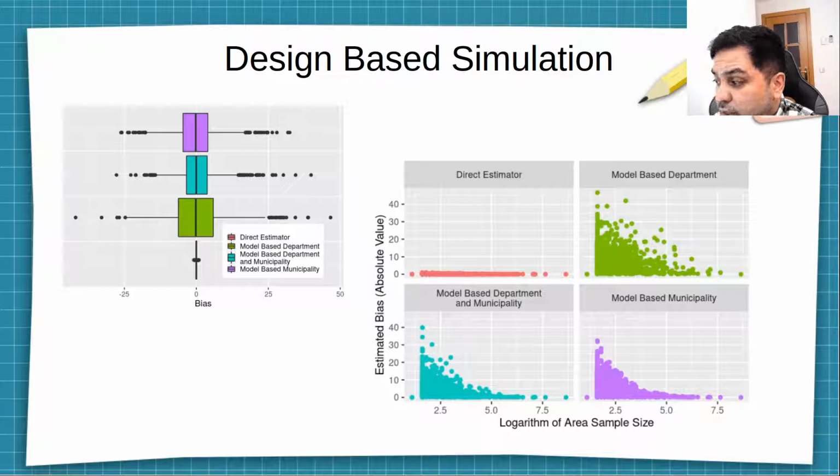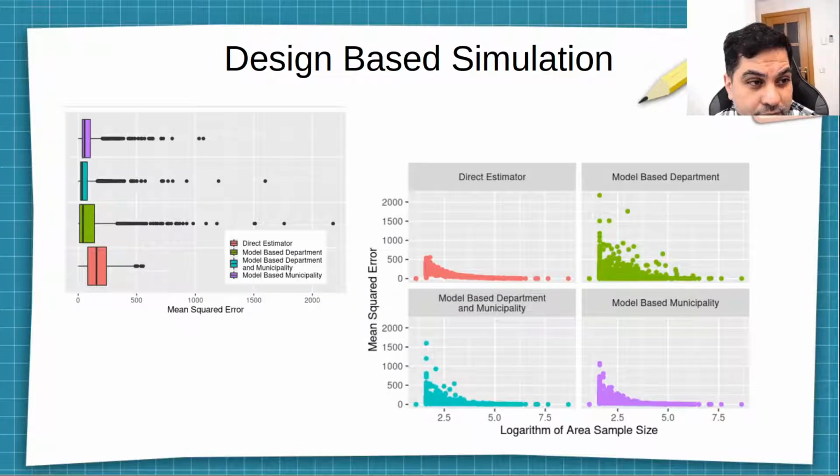The other thing we see is that using department and municipality gives us on average less bias than the other models. But what we lose in bias, we win in mean square error. We can see that all model-based strategies have at least a lesser mean square error on average than the direct estimator.